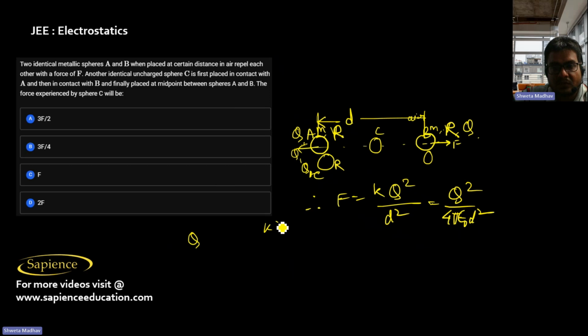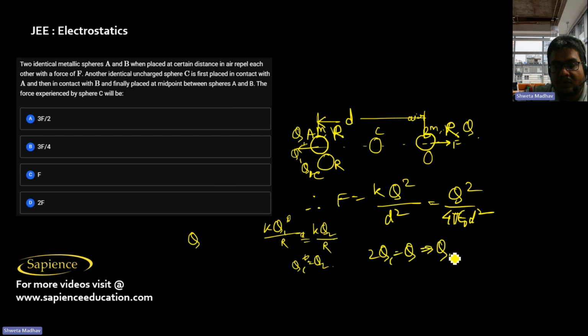Since KQ1 by R plus KQ1 dash by R plus KQ2 equal to KQ2 by R, obviously Q1 dash and Q2 will be the same. So let's take them as Q1 only. It means 2Q1 will be equal to Q. Therefore Q1 equals Q by 2.